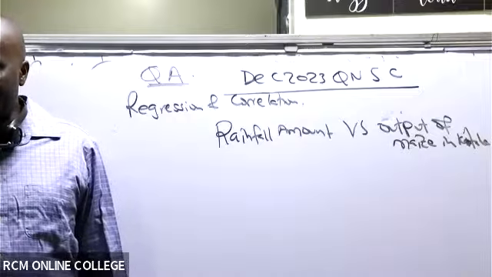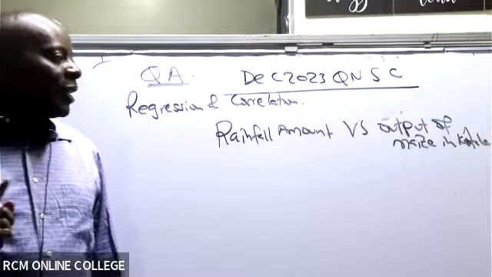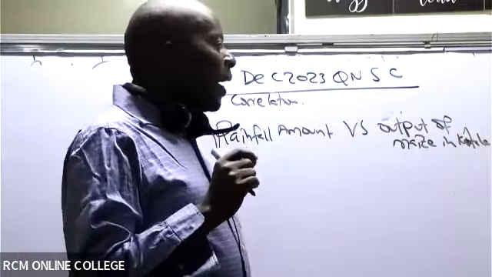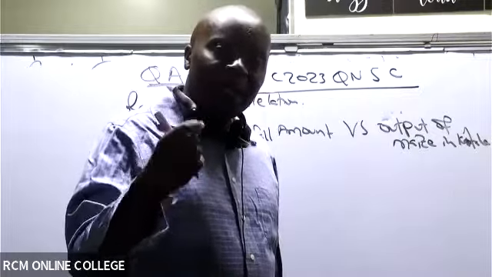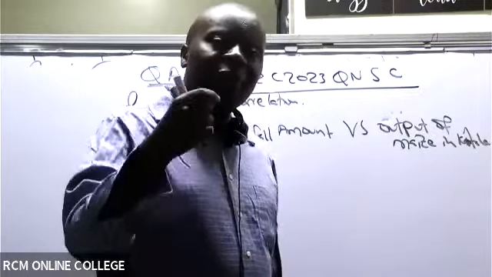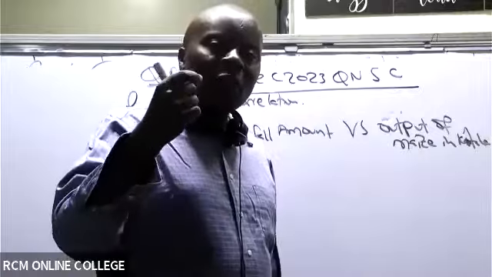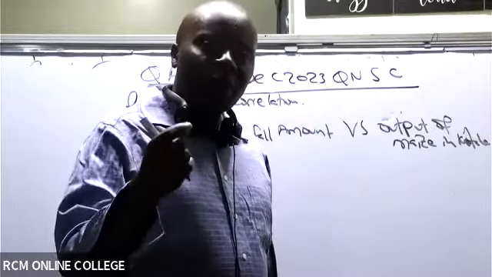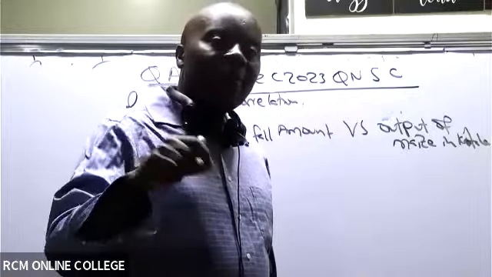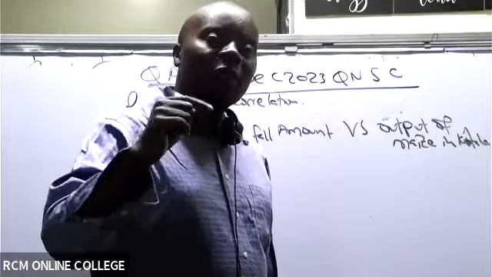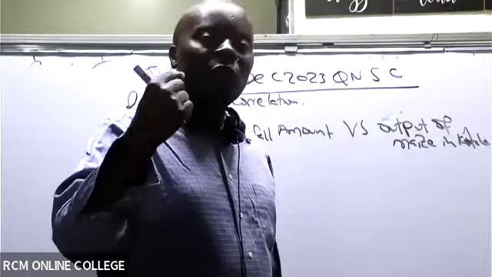Thank you so much. Rispa is telling me, Mwalimu, the output of maize, how this maize will perform on the ground, will really depend on rainfall. So you must establish the dependence relationship. Which one depends on the other?